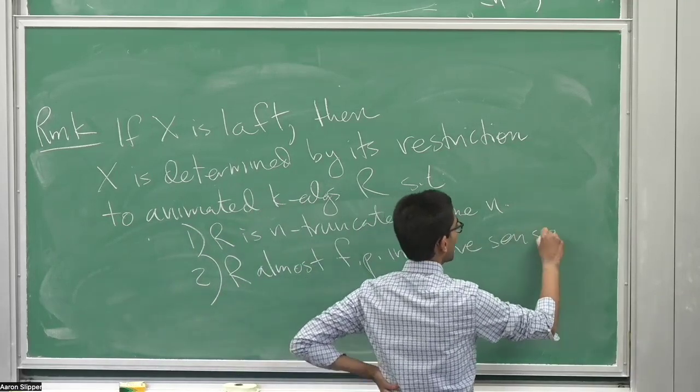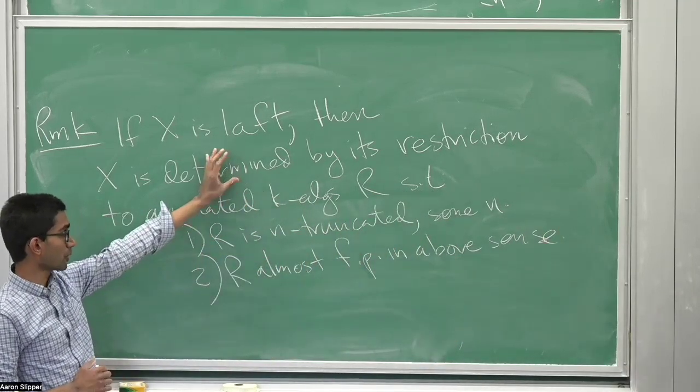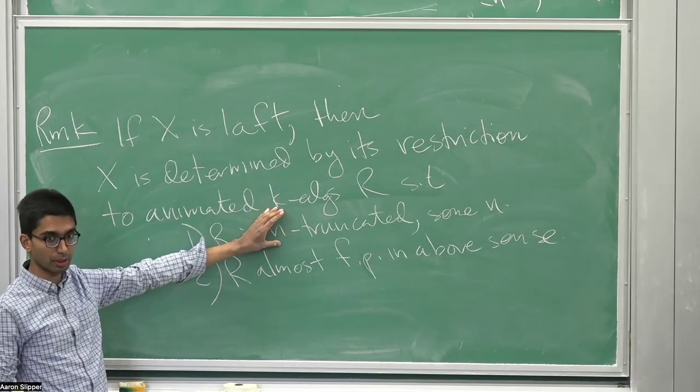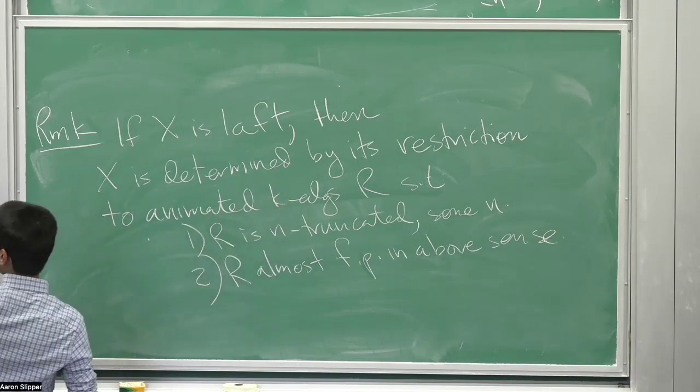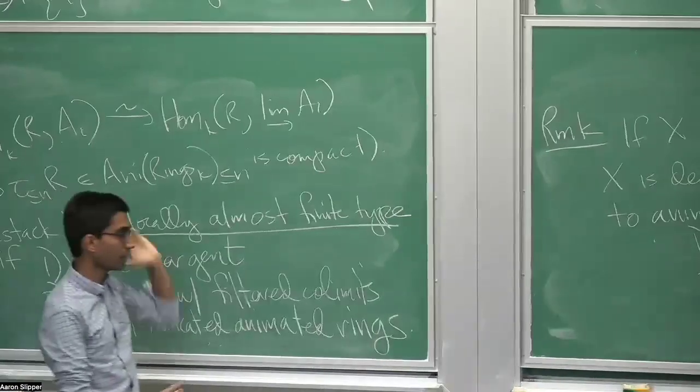The reason is that if you want to know the value on any n-truncated K-algebra, you can write it as a colimit of things which are compact in n-truncated animated K-algebras, which are particularly almost finitely presented.